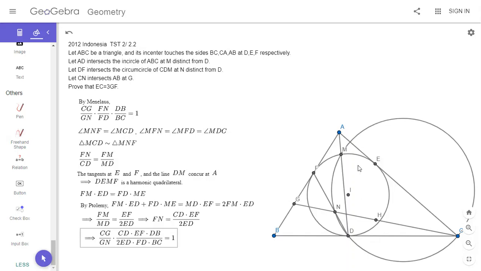So I think, is EDF similar to the triangle formed by the excenters of A, B, and C? I think it is. Yeah, so everything here can be written in terms of trigonometry, right?